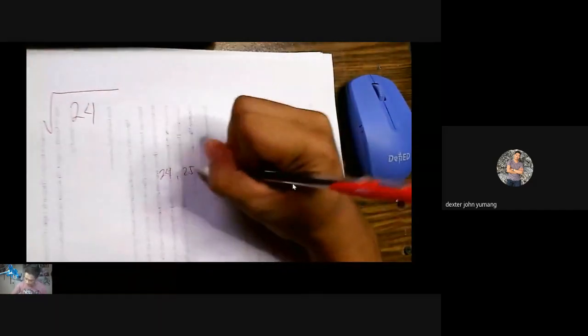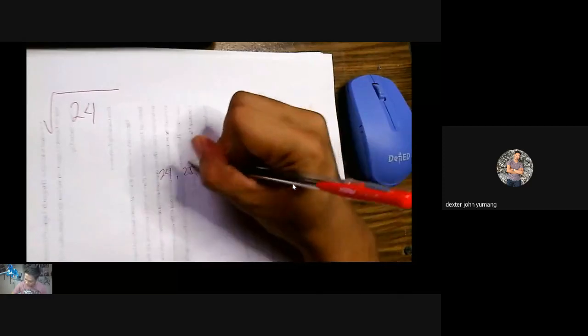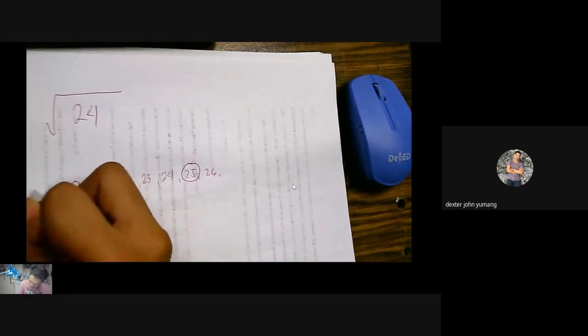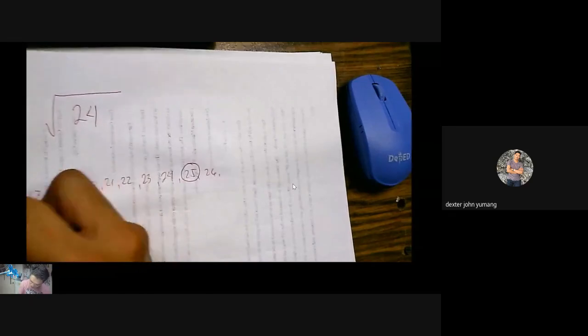Next, 25. 26. Uy, may perfect agad, 25, tama? Sa 24, pababa: 23, 22, 21, 20, 19, 18, 17, 16. Oops, ito na.